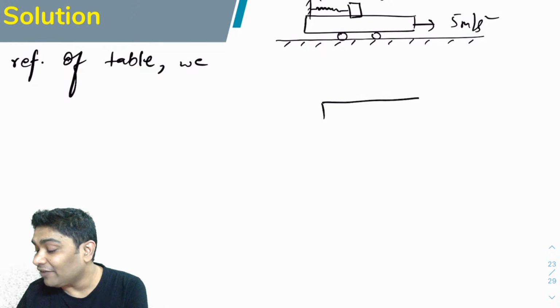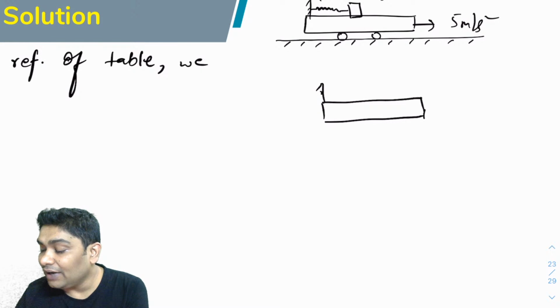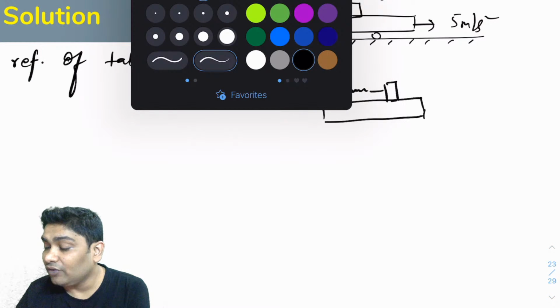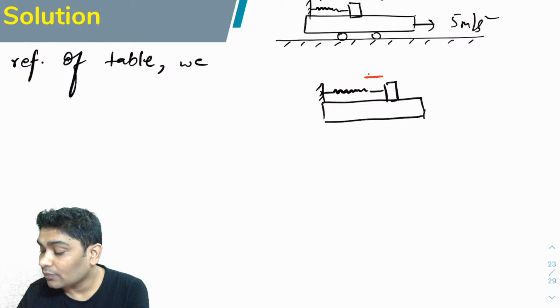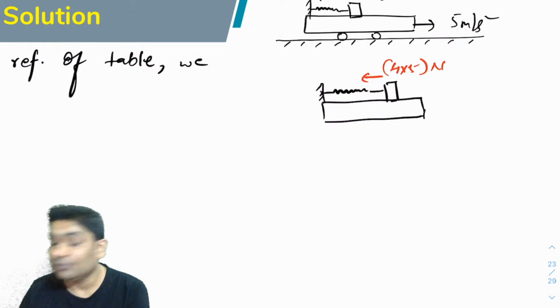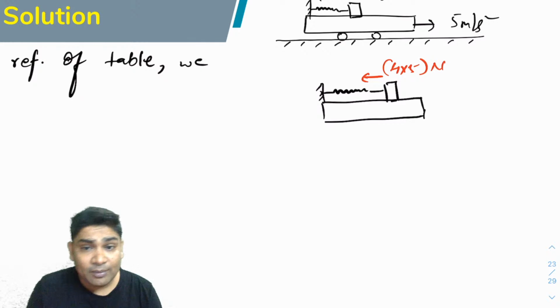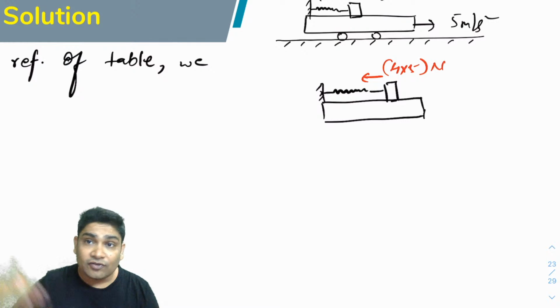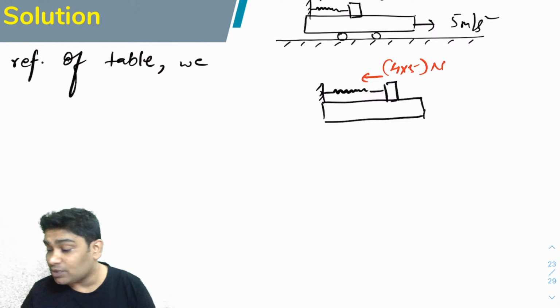In the reference frame of the table, the table is stationary, and you will have a pseudo force acting on our block. How much will that be? That will be 4 into 5 newtons. So in the reference frame of the table, the table has become stationary and there is a force of 20 newtons pushing this block.